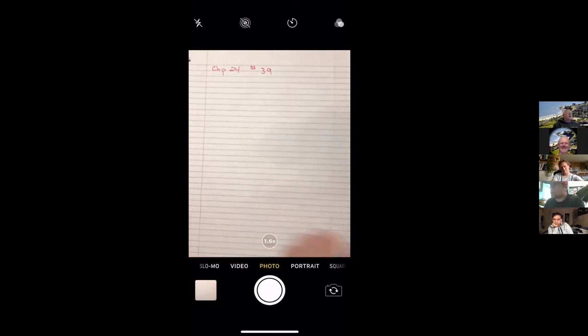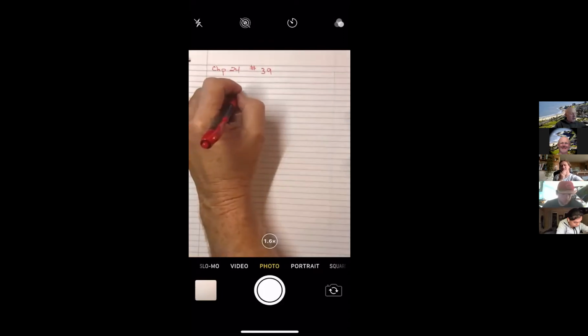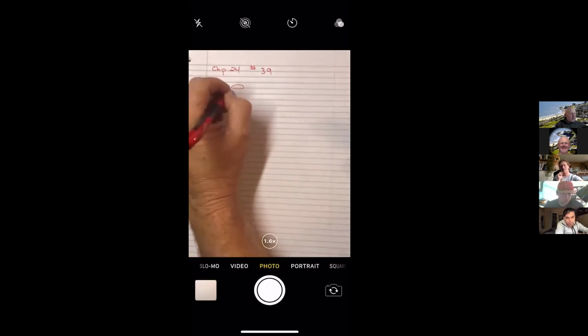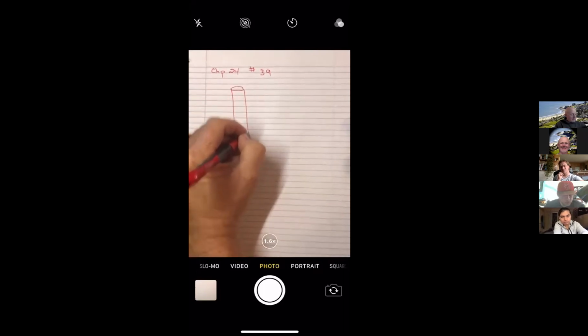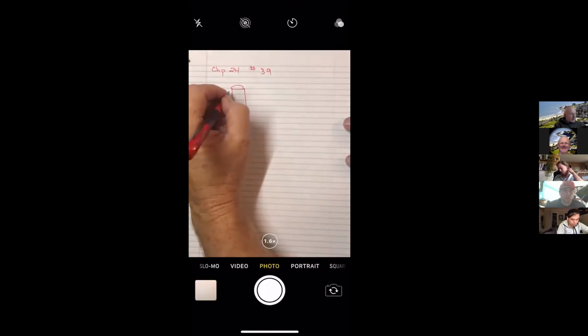It says this: a long straight wire is then surrounded by a hollow metal cylinder. Okay, so I'm going to try and draw a picture here. This might be this long wire. So maybe I'll try to draw.